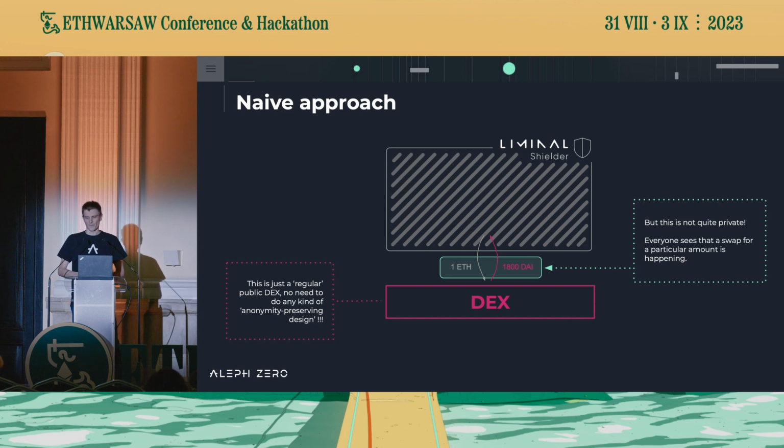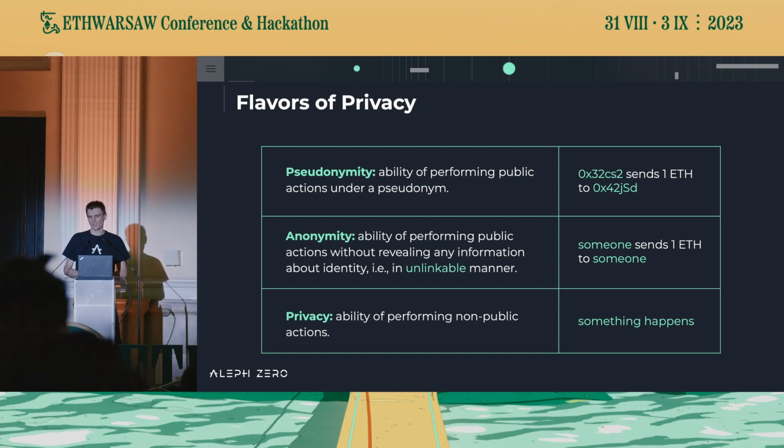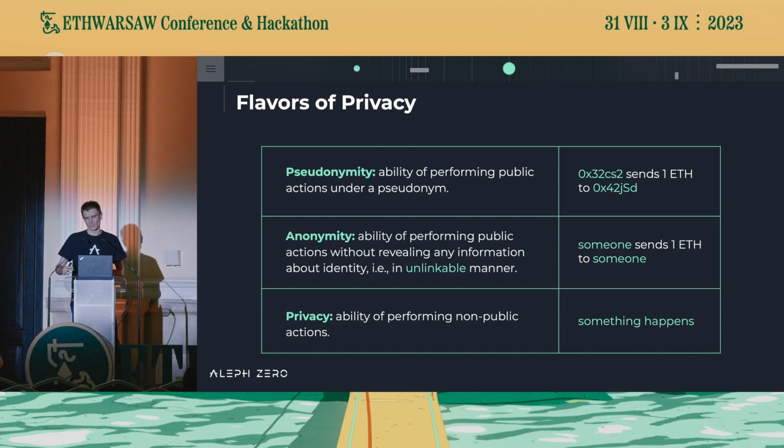Right. So what we come to is a table which gives us a hierarchy of the levels of privacy that we can get, or want to get, on blockchain. The basic level 0 of privacy on blockchains is pseudonymity. This is what we get by default because we just use accounts.